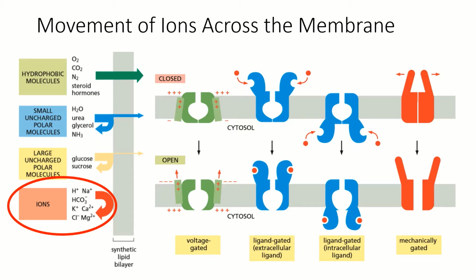These channel proteins vary in how they open. First, we have the voltage-gated channel proteins, and these only work if there is a change in the voltage relative to the outside and the inside of the cell membrane.